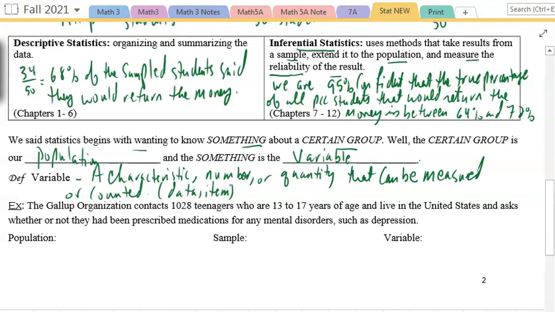Or an item. So an example: the Gallup organization contacted 1,028 teenagers who are between 13 and 17 years of age and live in the United States and asked whether or not they have been prescribed medication for any mental disorder such as depression. The population will be 13 to 17 year old teens living in the United States.